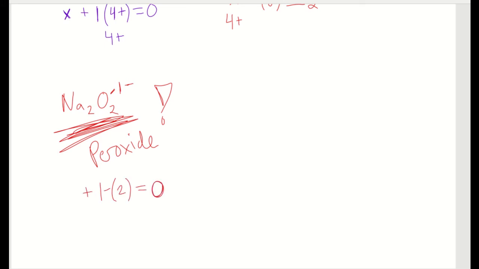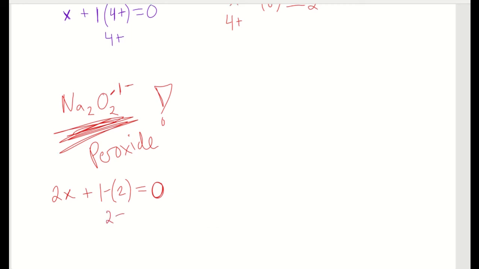And this time, our x, there's 2 of them. So it's not just going to be x, but it's going to be 2x because of that Na2. So now we just need to solve for x. Pretty simple algebra. So we get 2 plus on one side is equal to 2x. Therefore, x must be equal to 1 plus.